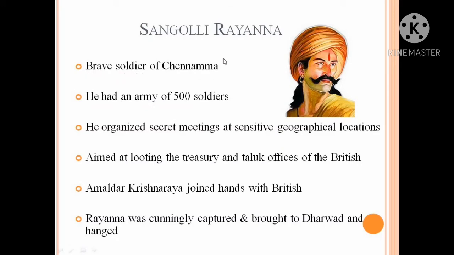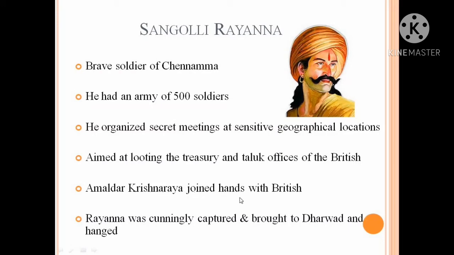The brave soldier of Chennamma, Sangoli Rayana, had an army of 500 soldiers. And he organized secret meetings at sensitive geographical locations. He aimed at looting the treasury and taluk office of the British. And here the problem again: some Indian officers joined hands with the British.